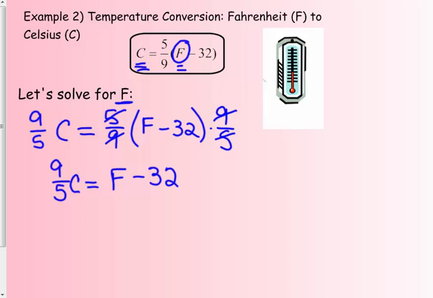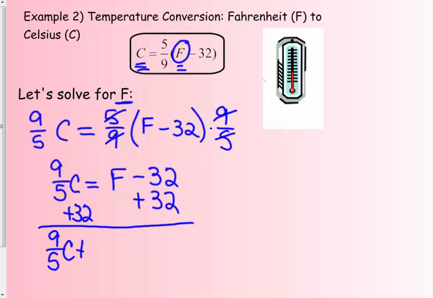Well, if I add 32 to both sides, I'm going to get my F all by itself. Yes, it's on the right side, but that's okay. So if I take 9/5 of a known Celsius temperature, add 32 to it, I'm going to get Fahrenheit.